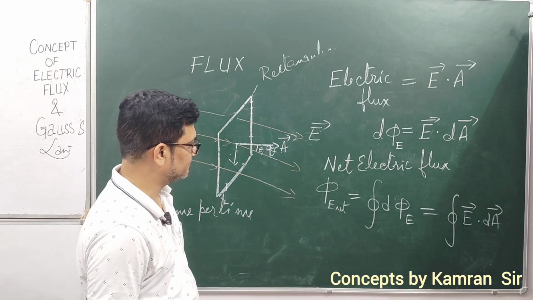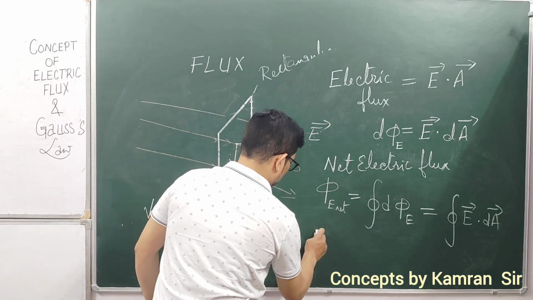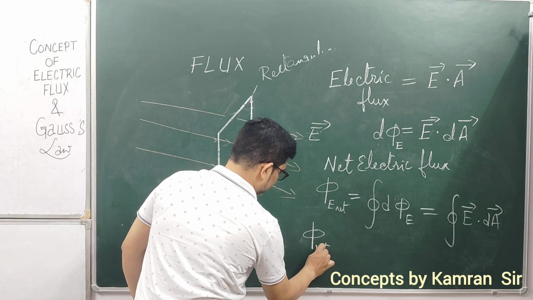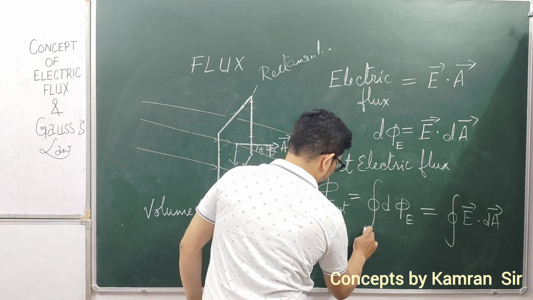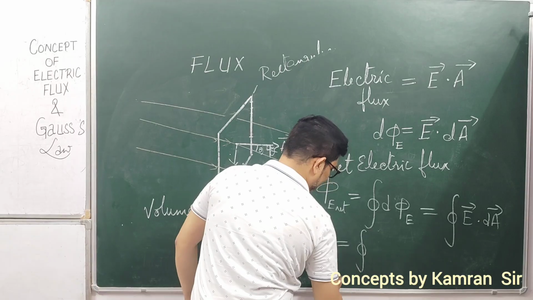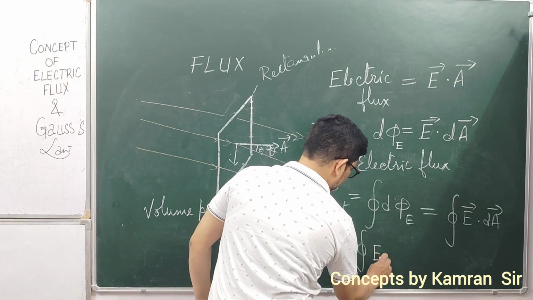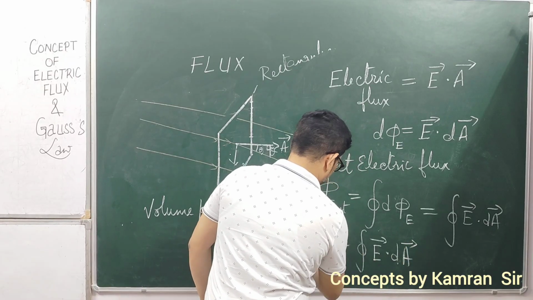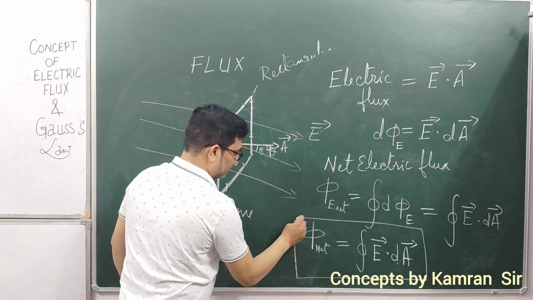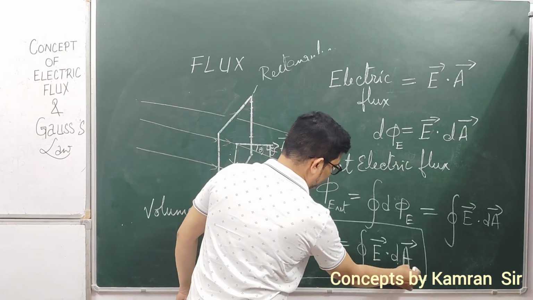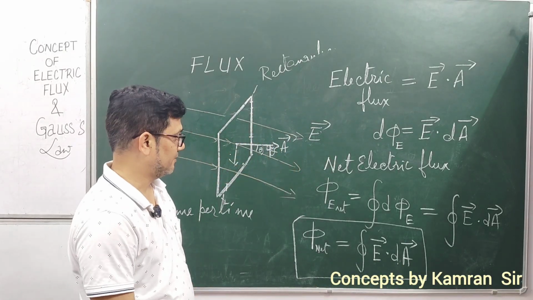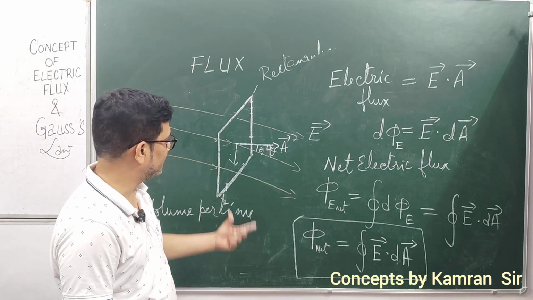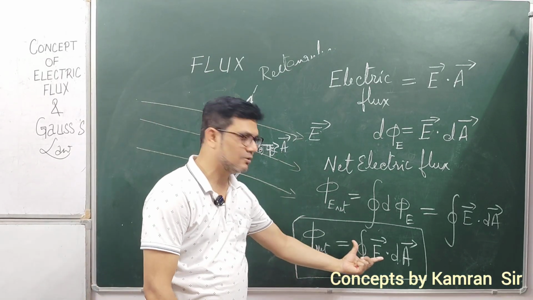This is the final equation. So basically this phi net, in the context of electric field, is equal to the integration over closed surface of E dot dA. This is where we get the relation of electric flux with electric field and differential area. Extremely important concept to understand. What do we mean by flux and why is this quantity so important?